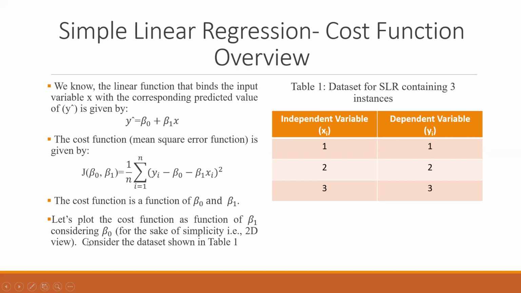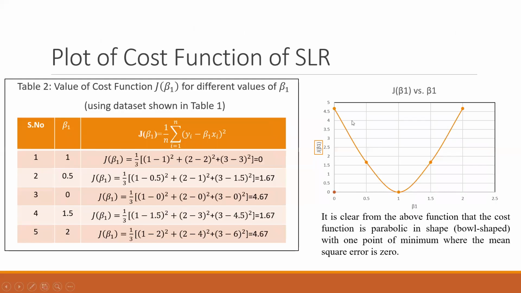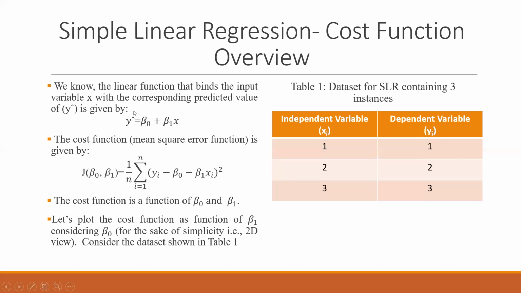We will be using these two to make the plot in 2D. So this is the table that we are getting. Considering only beta 1, because in this equation you can see that beta naught is a constant.